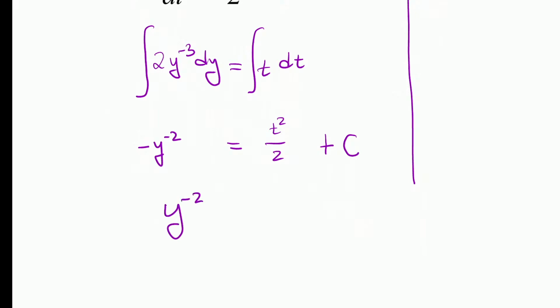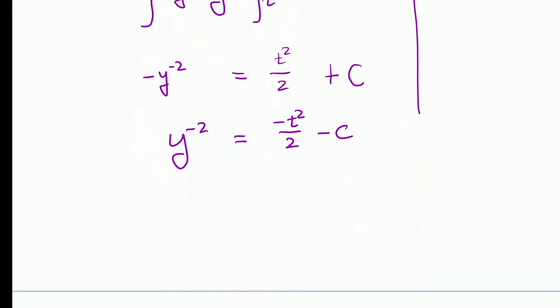I have y to the negative 2 is equal to negative t squared over 2 minus c. It's going to feel really weird to you, perhaps, to do what I'm about to do, but we're going to do it anyway. y to the negative 2 is the same as 1 over y squared, and so I'm going to reciprocate that. So y squared is equal to 1 over negative t squared over 2 minus c.